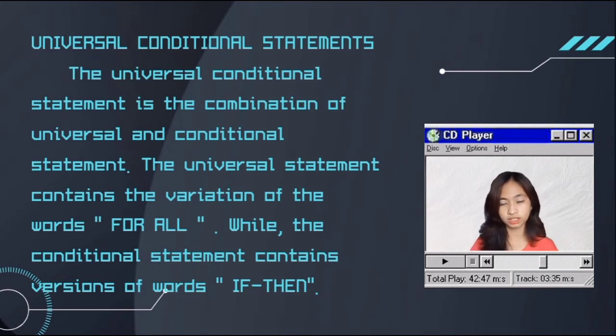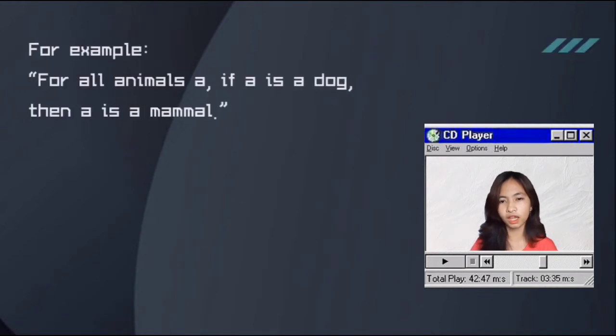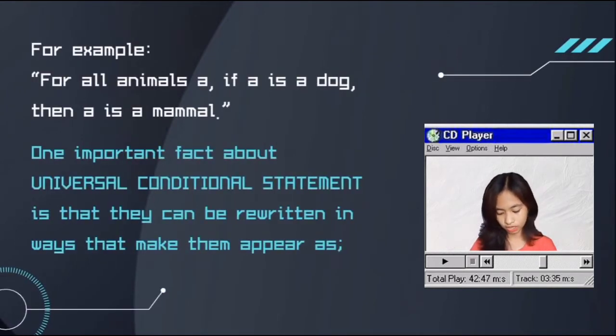The universal statement contains variations of the words for all, while the conditional statement contains versions of the words if then. For example, for all animals A, if A is a dog, then A is a mammal.